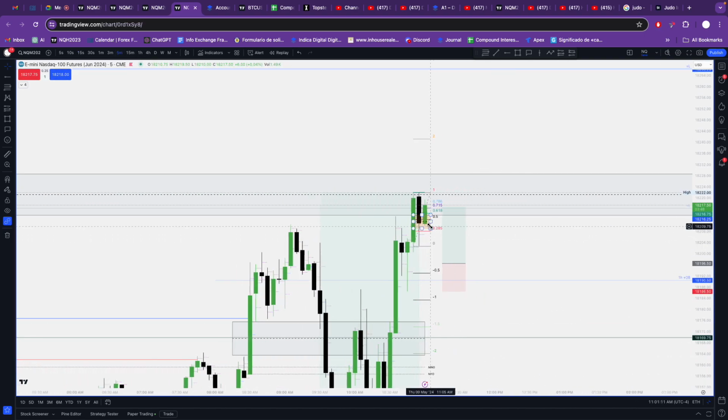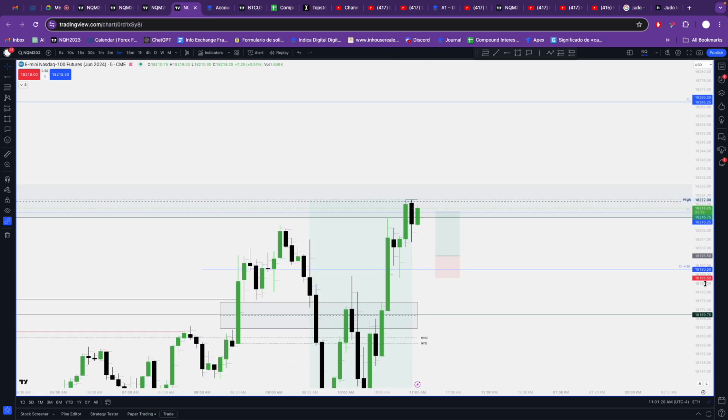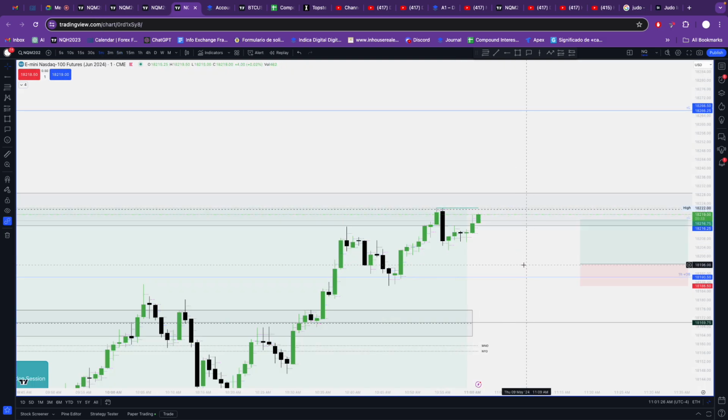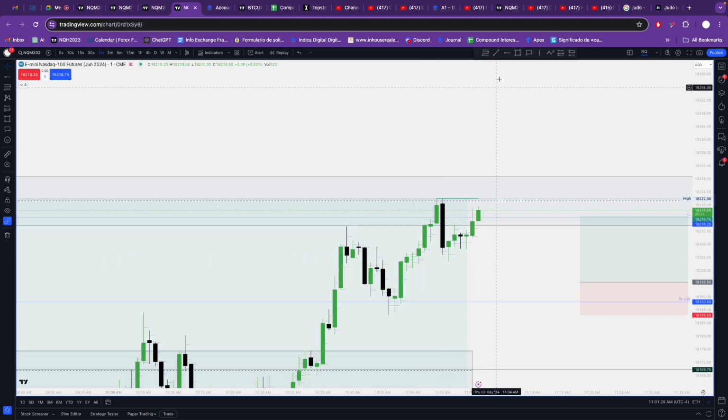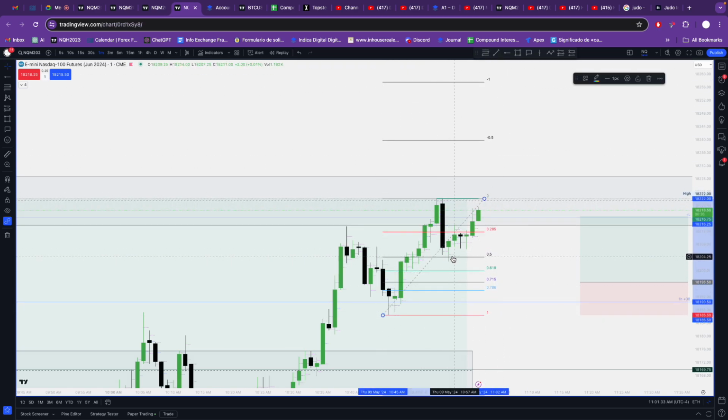On the 5, we come right to this 5-minute bullish order block right here, and now we're moving up. So I didn't see that on the 5. Bullish order block here on the 5. And then on the 1, we come to, I believe this is equilibrium of this price range. Yep, equilibrium.